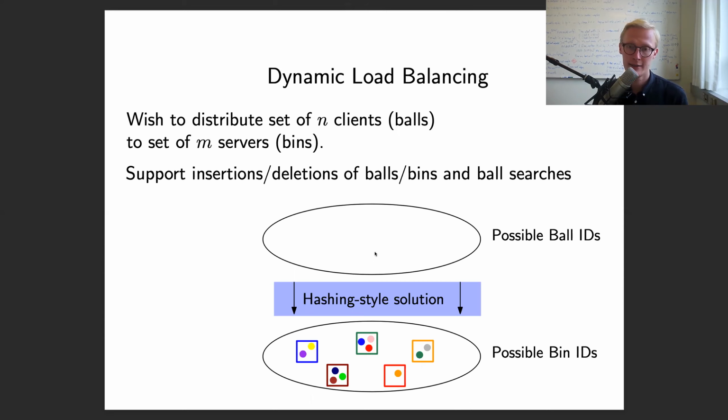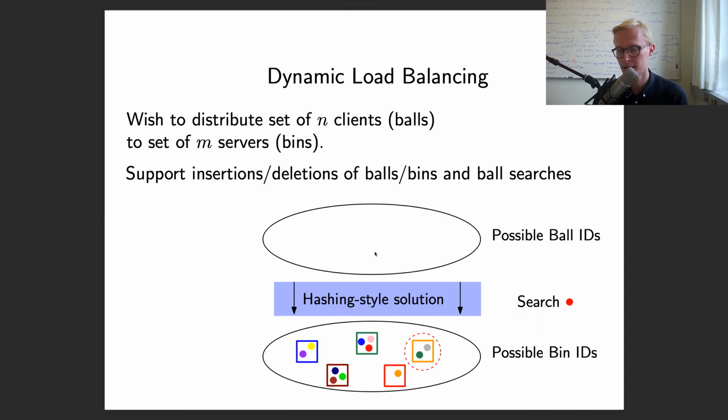And we want our data structure to support insertions and deletions of balls and bins, and also to support ball searches. So that is the dynamic part of the problem. Let me give you some examples of what this data structure should support. For example, if we want to search for this red ball, our solutions will typically have to go through a number of bins until it eventually arrives at the right one.